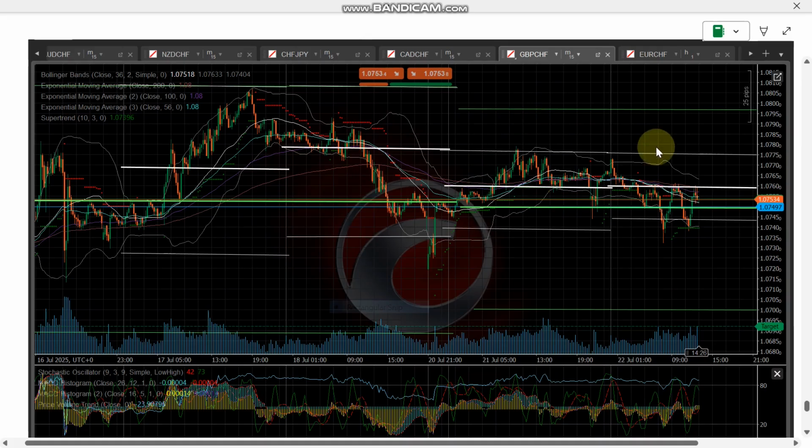GBP Swiss franc, 4 hours block, 1 hour block at the middle underneath. First leg, test 1, no test 2, only one test, but if you count this test as test 1, then this is test 2. Test to fail to make a low, back up again to take this guy's stop loss, but cannot get through this 1 hour block.